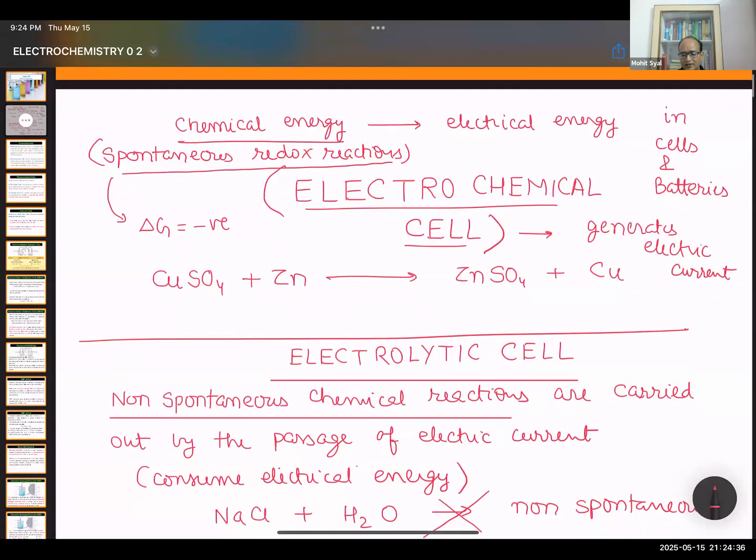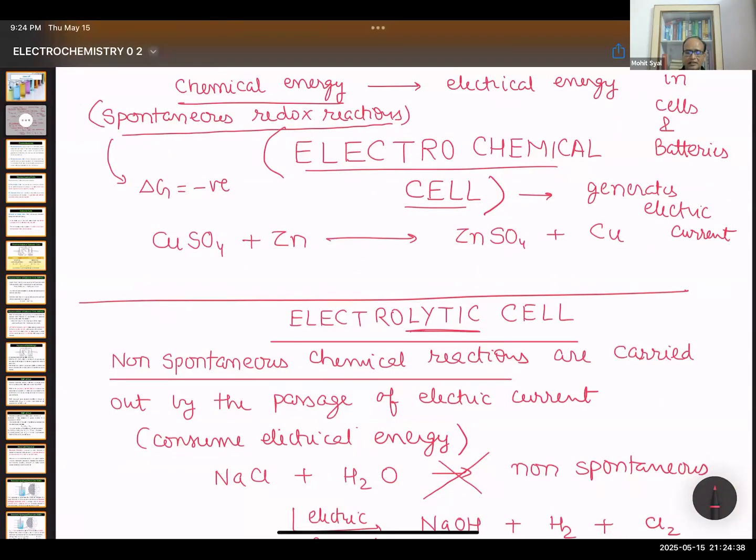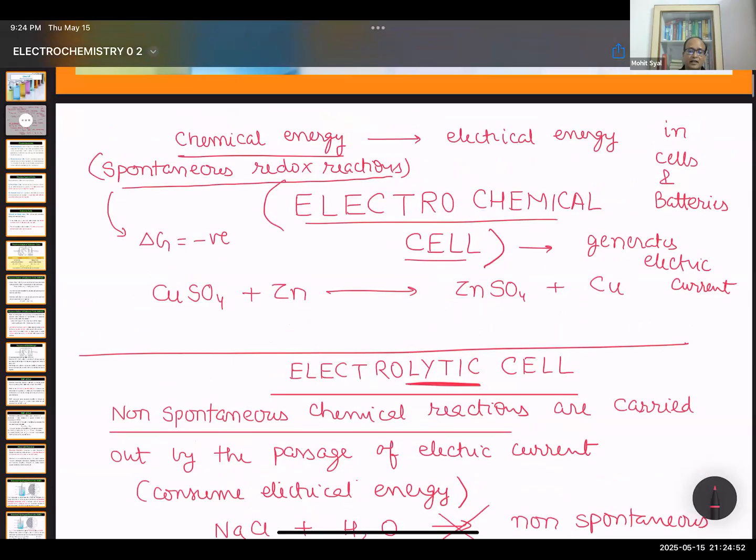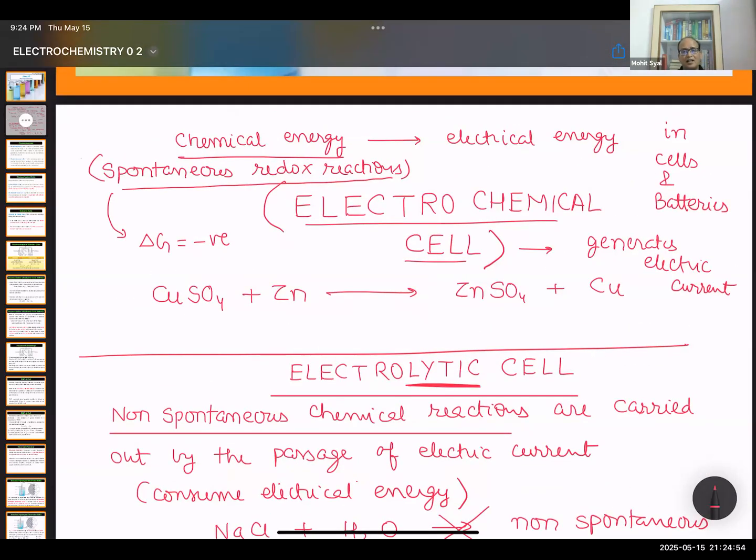Electrolytic, just remember it this way. Lysis means to break. A chemical compound is broken, or reacted and converted to some other compound. So you need electrical energy. You need to provide the current. Electrochemical cells are the chemical cells, not lytic cells.